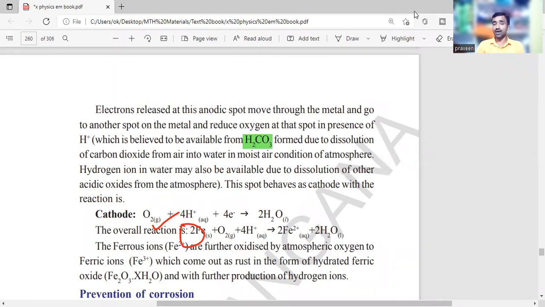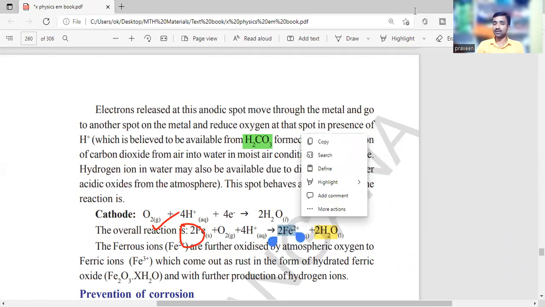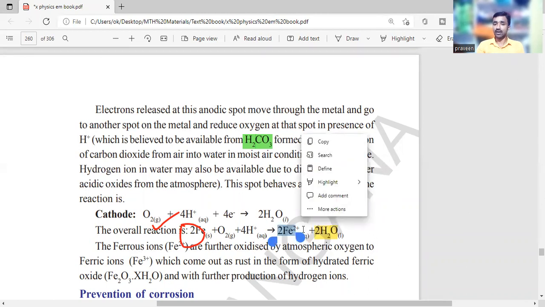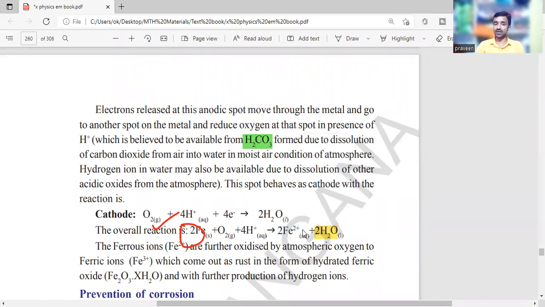The hydronium ions combine with the oxygen to form water. Then the iron will be left as a positive ion in the liquid form. So slowly they are converted.